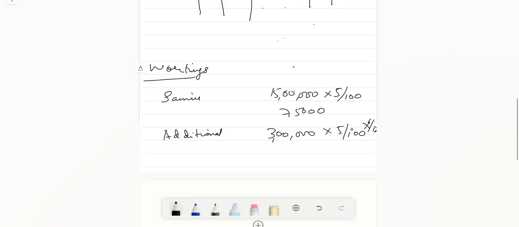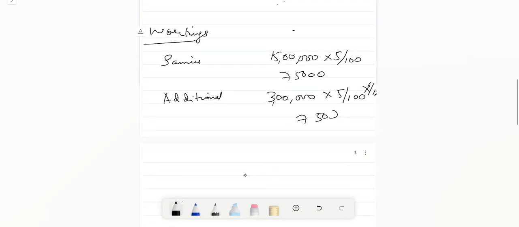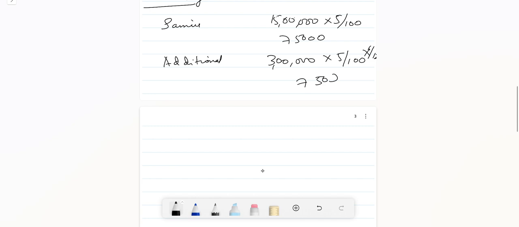So 3 lakh into 5% comes to 7,500. So the total for Samir is 7,500 plus 75,000, which is 82,500.